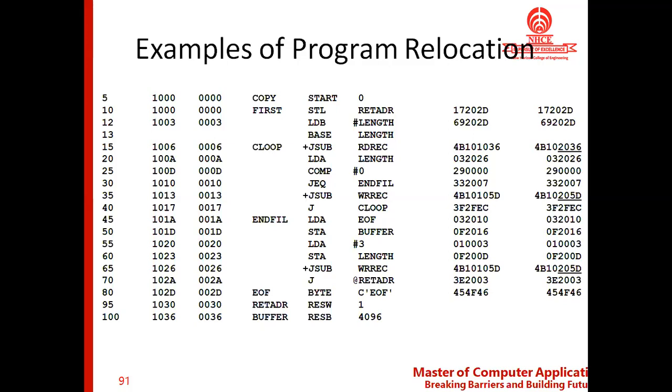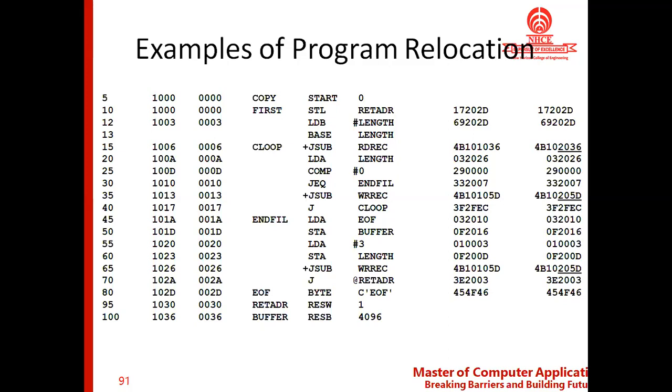That is why, if you look from the left hand side, the second column denotes, if suppose the starting address is changed from 0 to 1,000, then what are the respective addresses for each instruction in the program. And correspondingly, the last column shows the object code which is derived from the starting address 1,000.